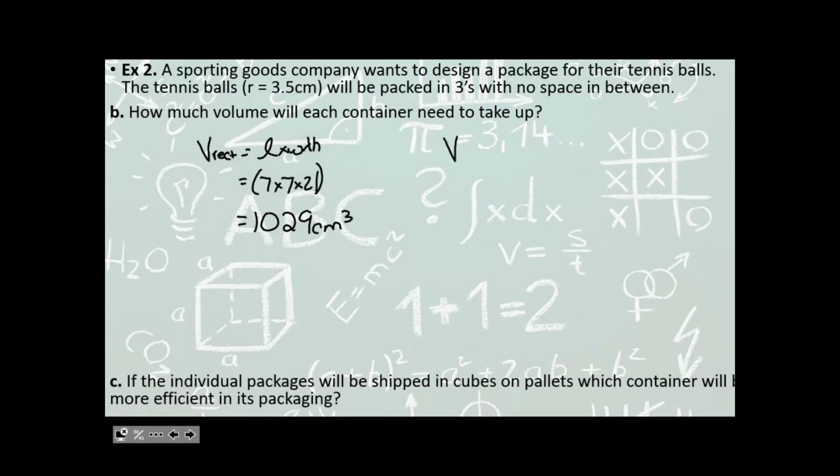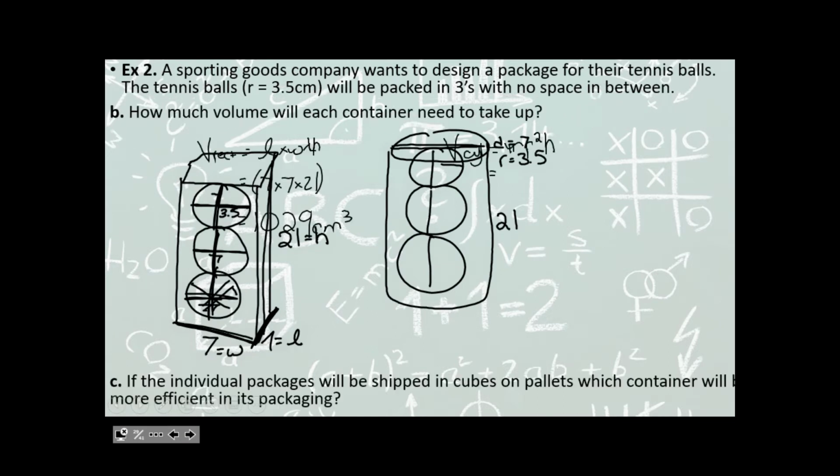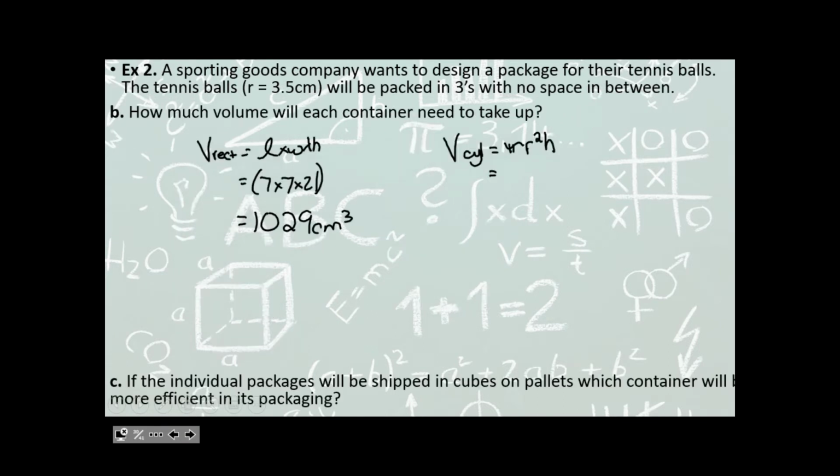Well, let's see how much the cylindrical container containing those tennis balls would take up. The formula is pi r squared h. So if we go back, the radius is 3.5 and the height is 21. So pi times 3.5 squared times 21. I can put that all in my calculator.